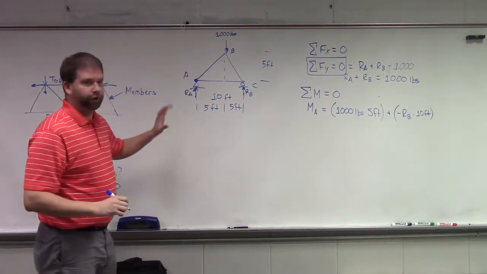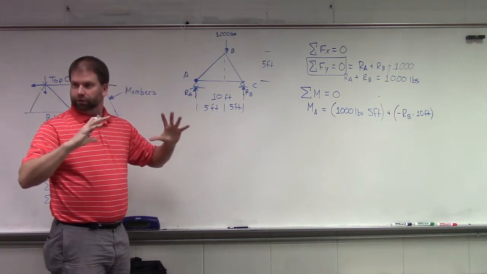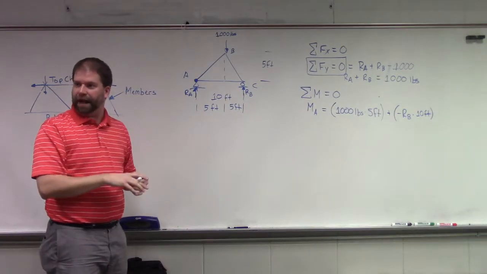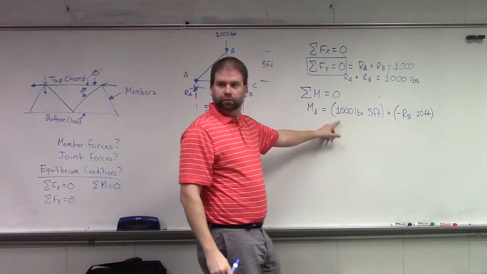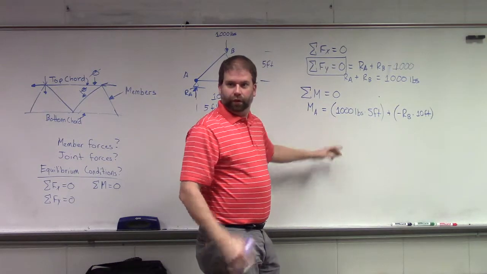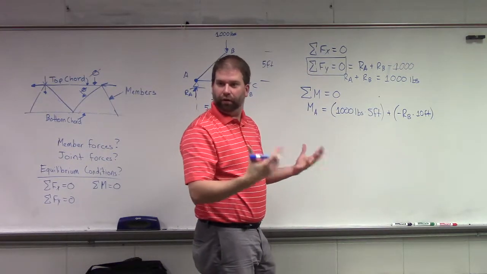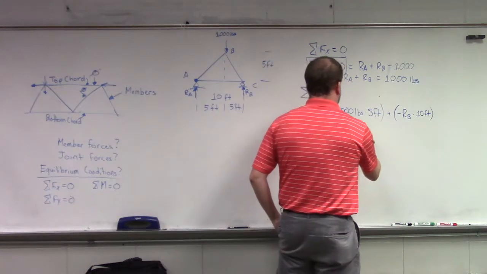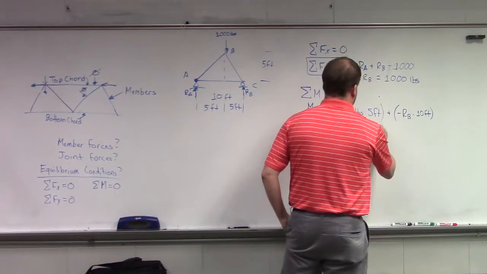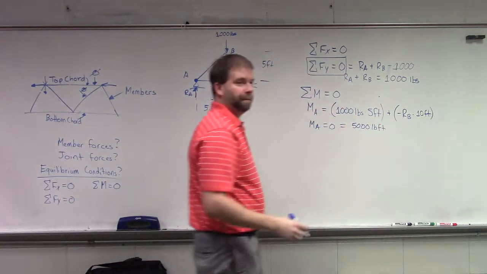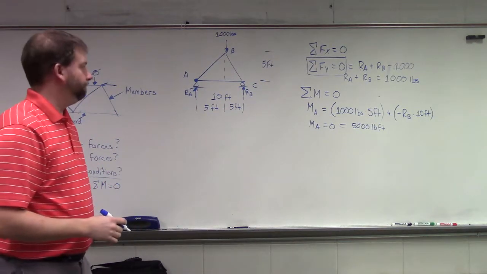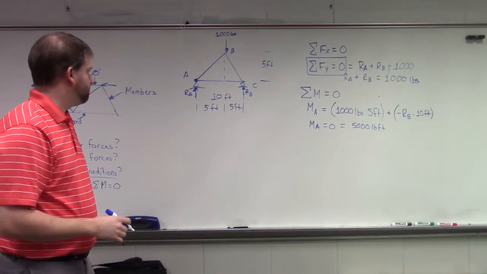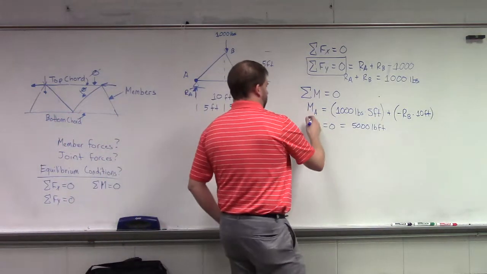So, if we don't have any movement in our truss, if we walk away from it when we're done constructing and it stays in place, we pat ourselves on the back, and we also know that this equals 0, right? If it doesn't fly off the support right away, we've got equilibrium. Okay, so the sum of moments about A equals 0, and that equals 1,000 times 5 minus 10 RB.